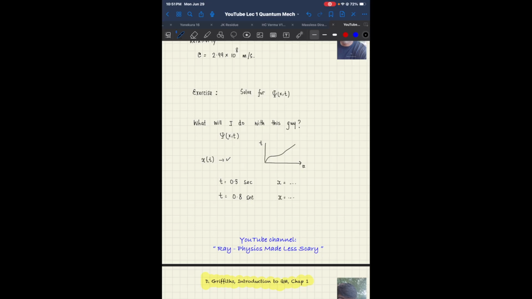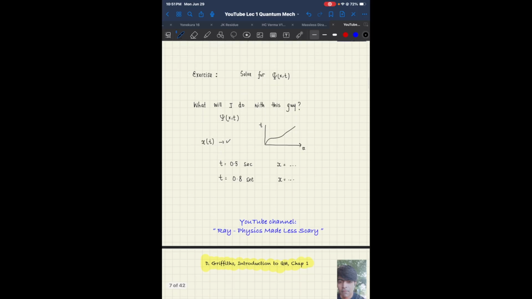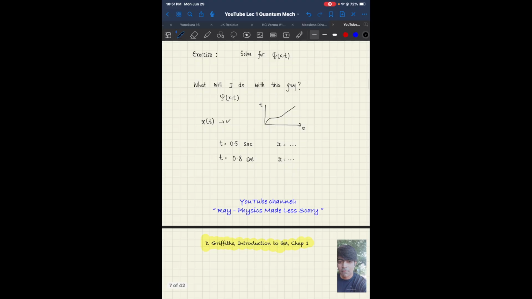That's one of the programs of classical mechanics: given a time, you should be able to tell me where you are.